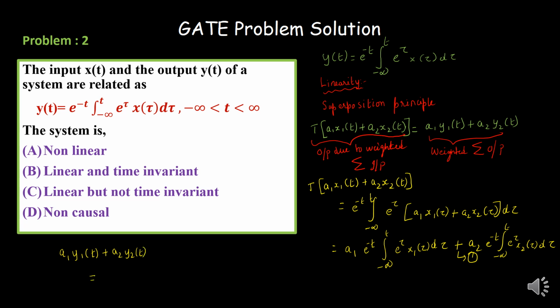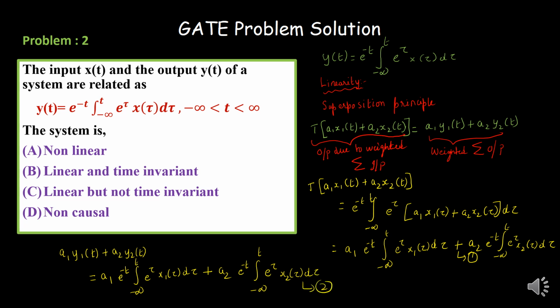So which is a1 into that whole function, a1 into e power minus t integral minus infinity to t e power tau x1 of tau d tau, plus a2 into that whole function, e power minus t integral minus infinity to t e power tau x2 of tau d tau.